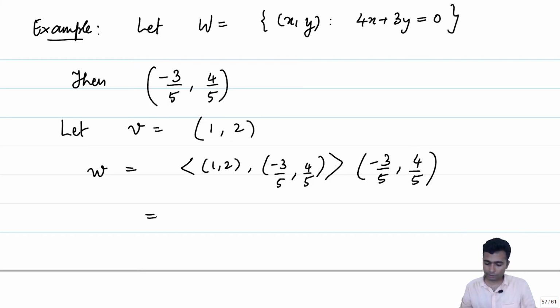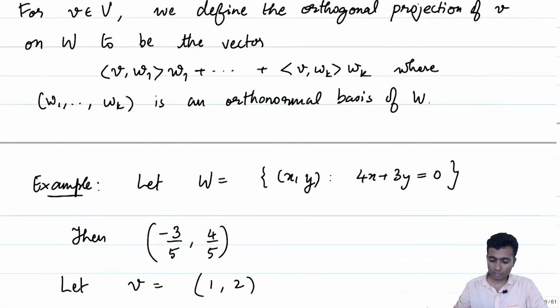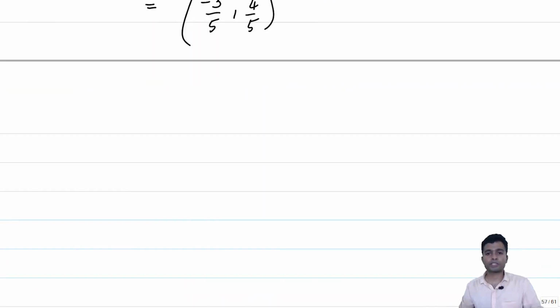And what is this? This is minus 3 plus 8, which is 5, and this is just going to be minus 3 by 5, 4 by 5. Incidentally, this basis vector itself turns out to be the projection onto our W.